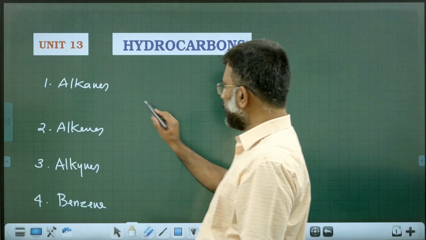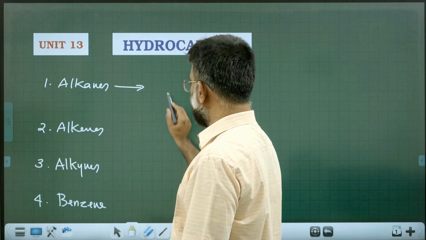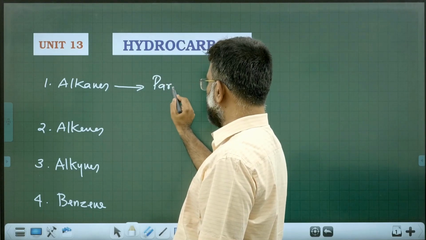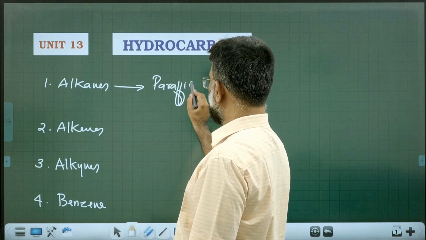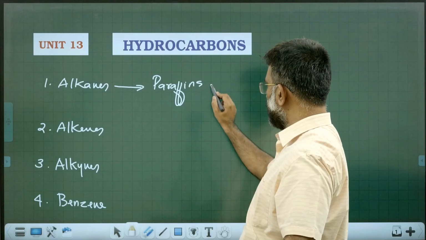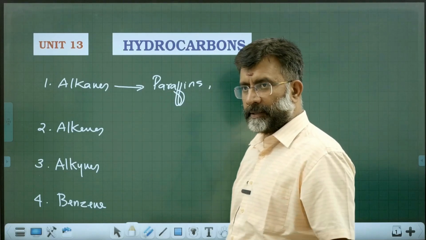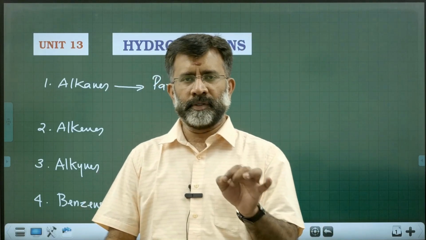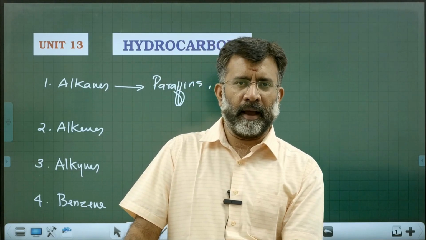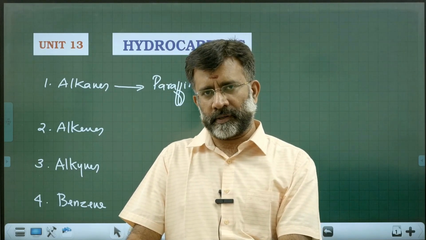First of all, alkanes. All of you know alkanes are called paraffins, para affinity. The least reactive class of hydrocarbons are alkanes. They are saturated compounds.